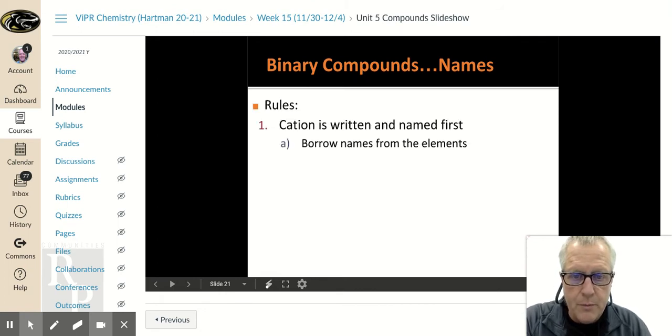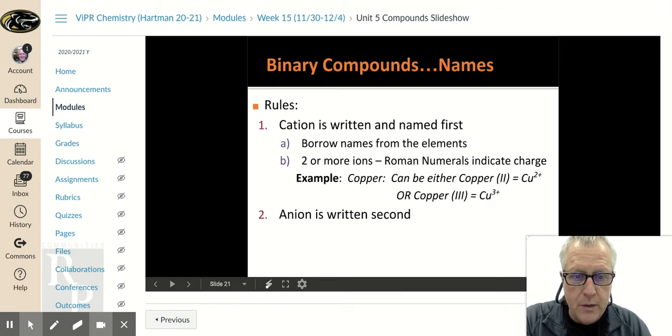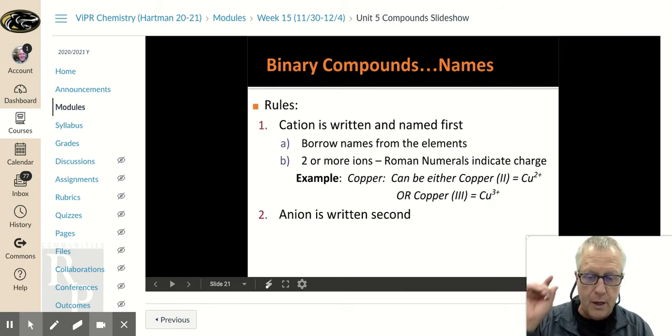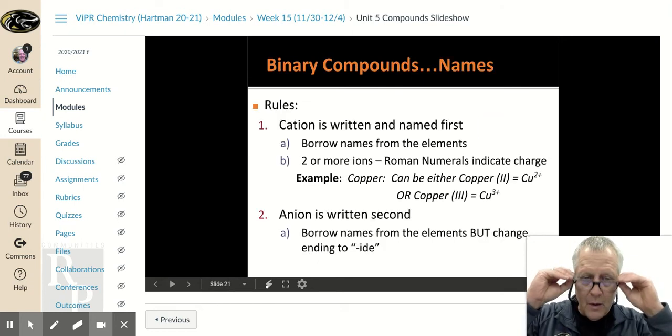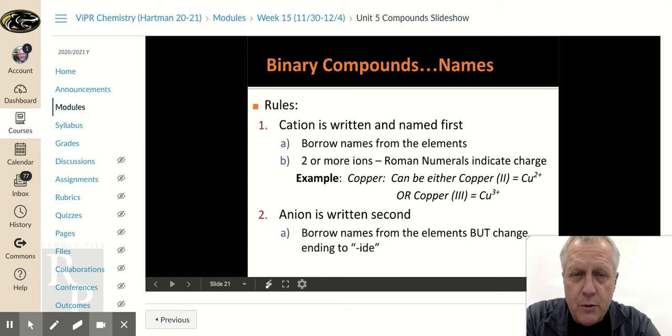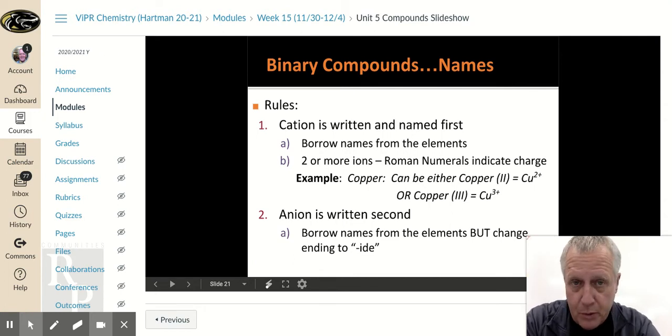So here are the rules. The cation is always written first, and it usually takes the name of the element itself. Some of the transition metals have more than one charge, but your alkali metals, group 1 on the periodic table, are always plus 1.